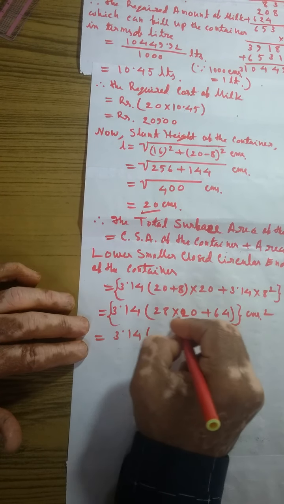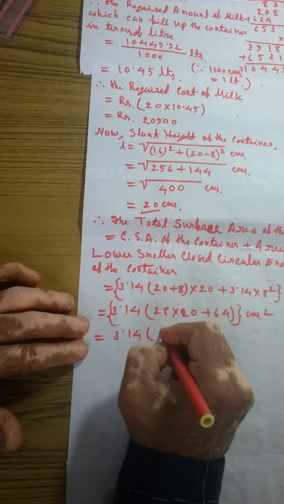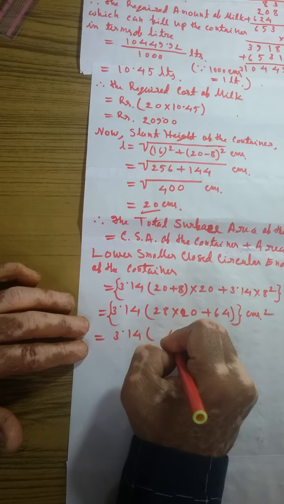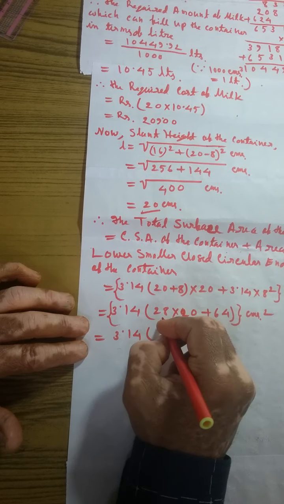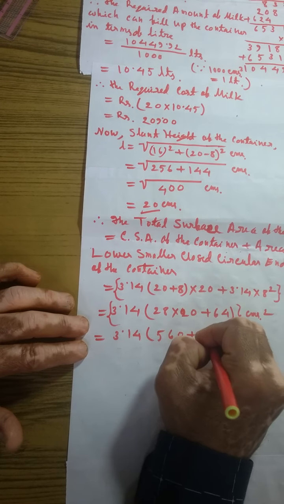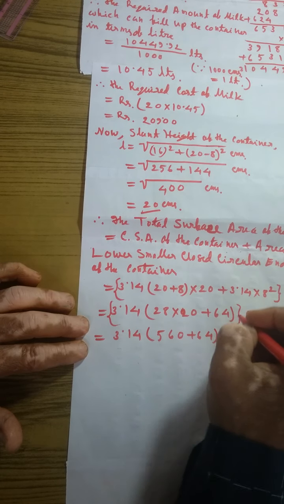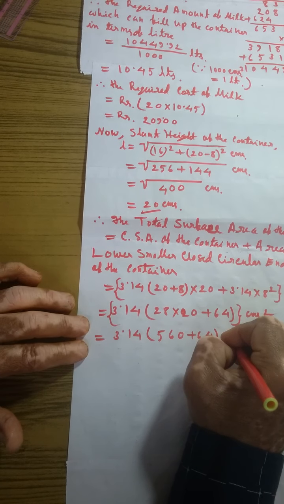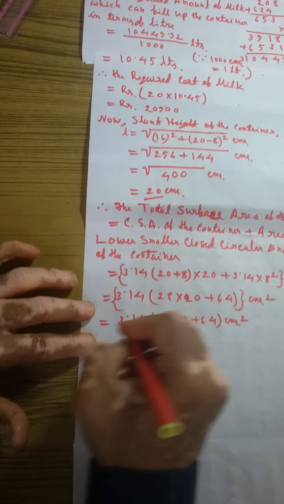3.14 into, if we multiply these two terms, we will get 2 8 is 16, 2 to the 4, 560, plus 64 centimeters square.